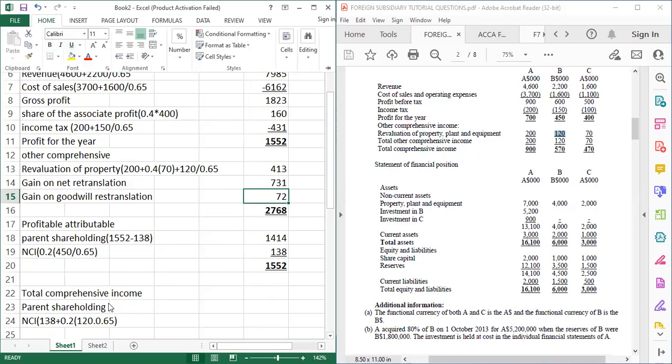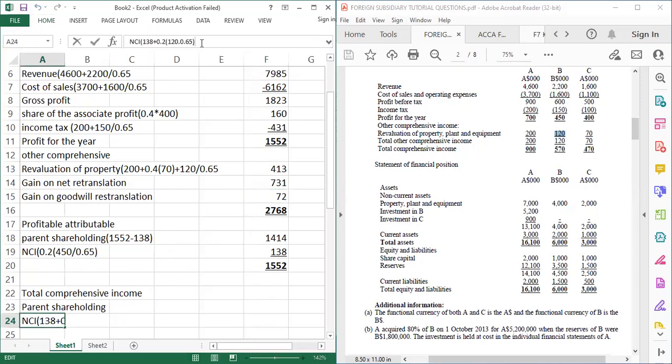What will be the total translation gain? 0.2 multiplied by 731 plus 72. The NCI will take 20% of the total gain, which is 803. So we put 803 as the total translation gain.